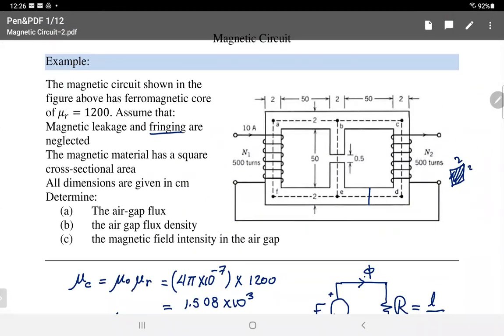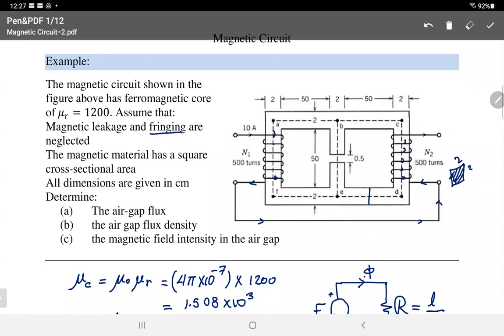Then you're going to use the dimensions to calculate the length of the flux path through the core. You have 2 coils here, and the source obviously here, 10 amp. It will go through N1, which is 500 turns, and then it goes in this direction, the last turn, and then in the end will go out, 10 amp.